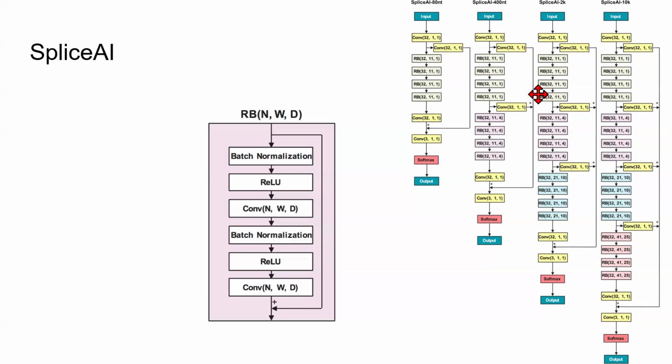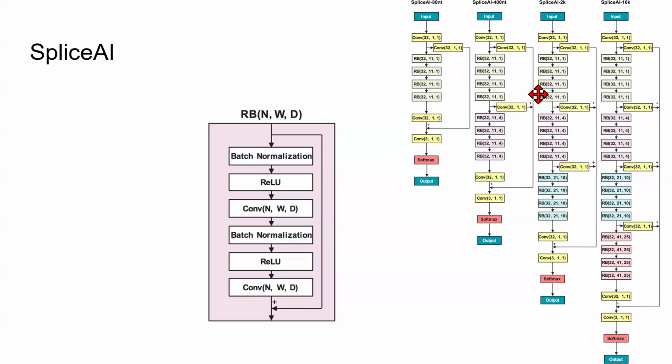In this case, the prediction is it outputs basically 3 numbers, right? One is donor, saying that this site in the DNA is a splice donor. One is acceptor, and then one is neither, basically not involved in splicing.